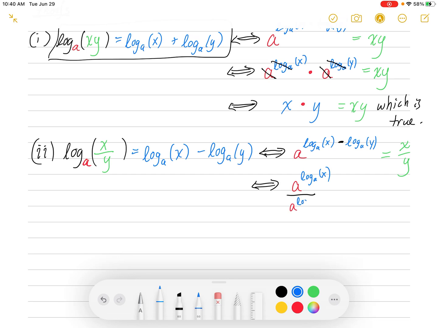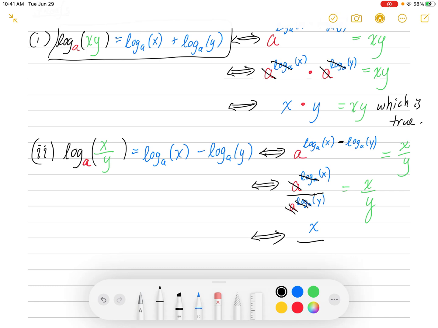Okay, so if you look at the subtraction symbol right here, using your properties of exponents, you can write this as a to the log base a of x divided by a to the log base a of y. That comes from your properties of exponents, which hopefully you would have learned somewhere in the past in a more basic algebra course, and this is supposed to be x over y.